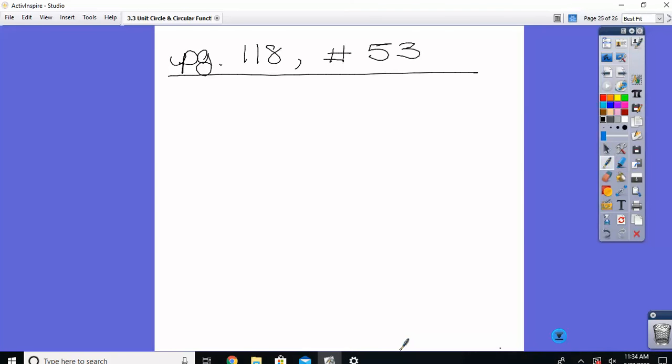And if you read the directions, it shows an angle in standard position whose terminal side is intersecting the unit circle. On the unit circle we talked about yesterday, it's a circle of radius 1. The x value of every ordered pair on the unit circle represents what? Cosine. The y value represents sine. So if you look on 53, it gave you an ordered pair. 5/13, -12/13.